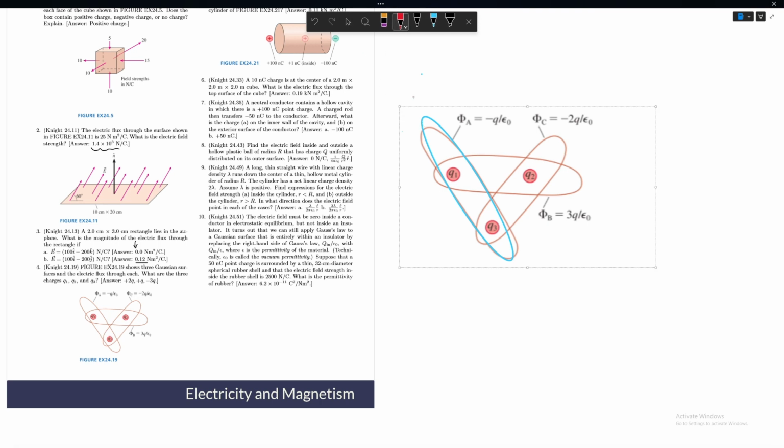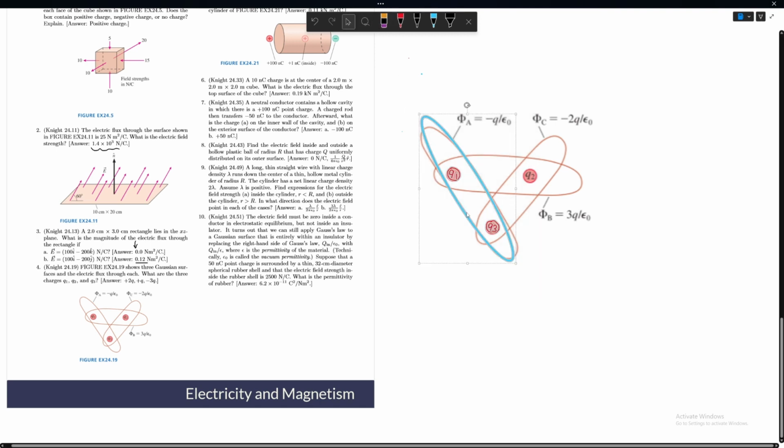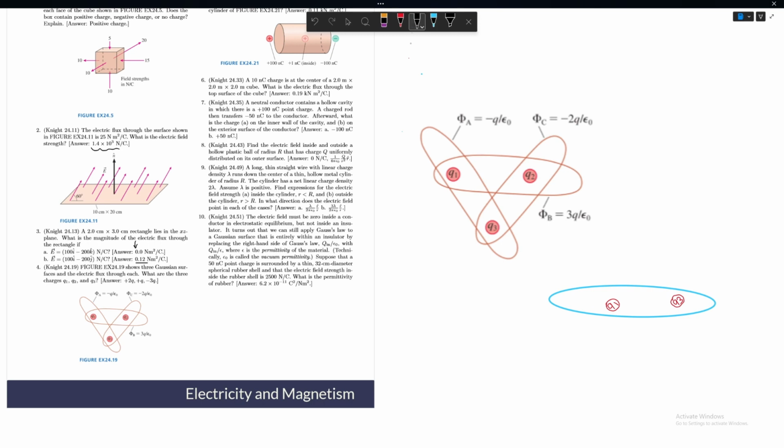Okay, so here, let's actually even draw these. If I take this whole diagram that I just made, and I take it outside here on the side, you can see that it tells you the electric flux inside here is negative Q over epsilon naught. But this is just the epsilon, so who cares about that? But we know there's a negative Q here.